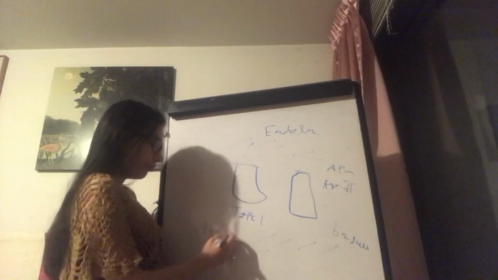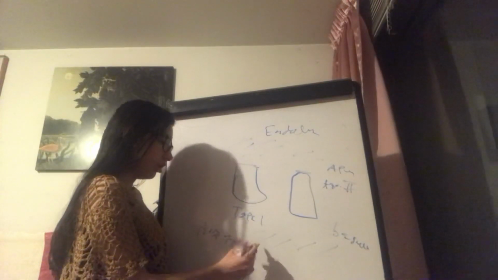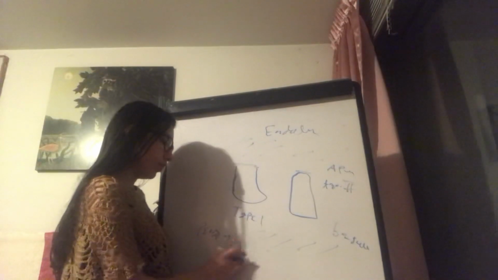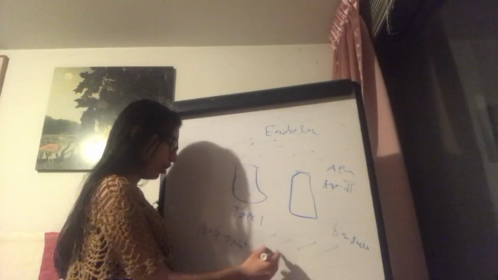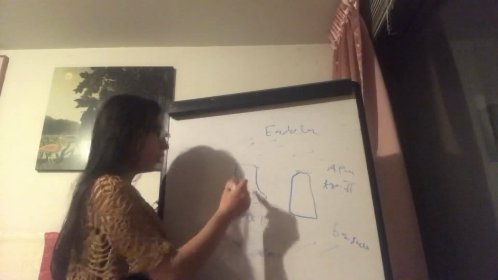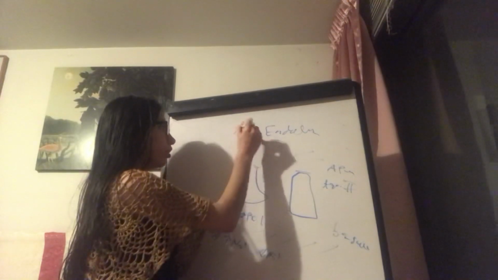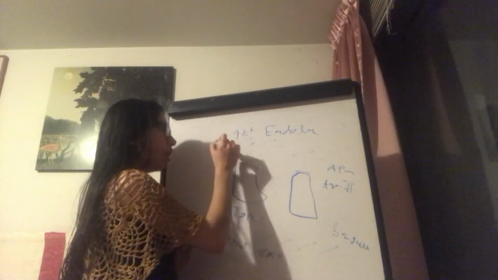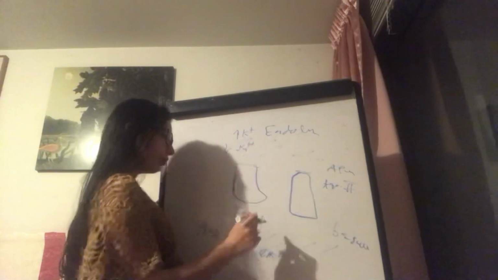Here we have a higher sodium than potassium. So low potassium and high sodium. And here in the endolymph we have high potassium, or kalium, and low sodium, or natrium.